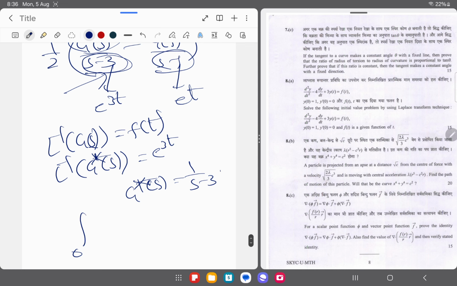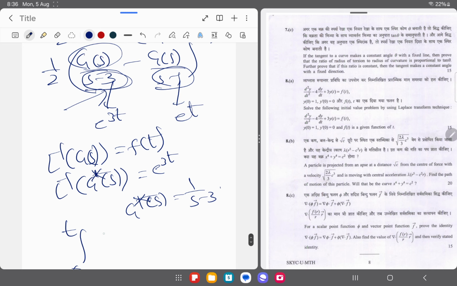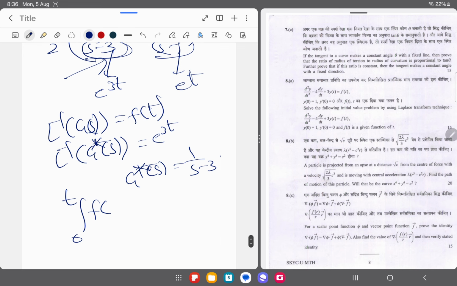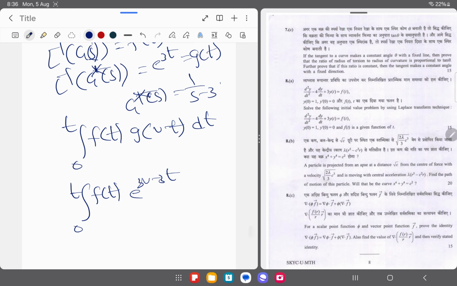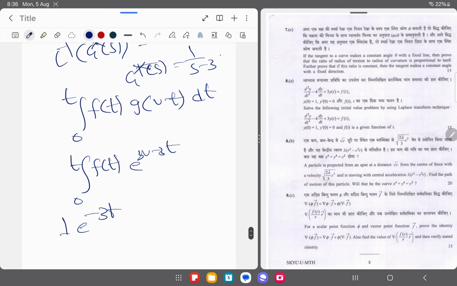Now we can apply convolution theorem here, say equal to integral of f of t into g of u minus t dt, right? So 0 to t f of t into e power 3u minus 3t. So e power minus 3t we can take it out, right? Because it is dependent on du only. T is a constant.